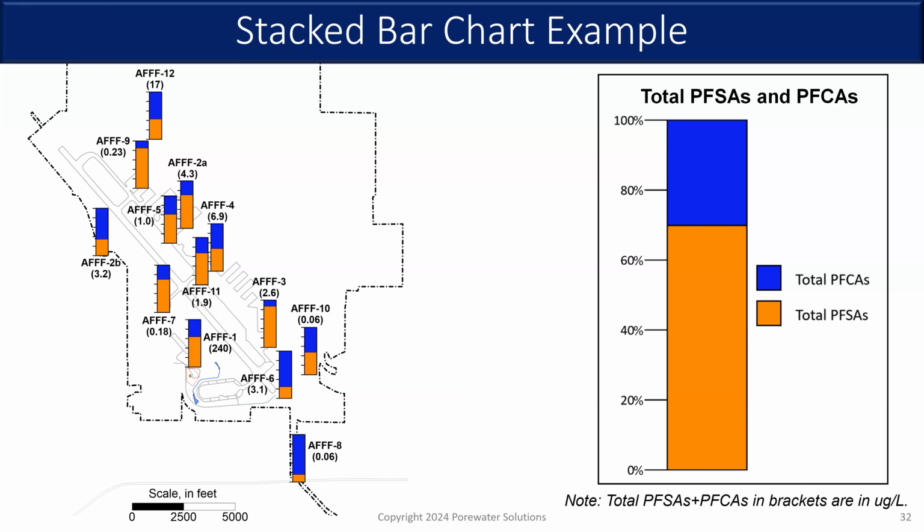So AFFF-12 has a total of 17 micrograms per liter. The current fire training area, AFFF-1, has 240. So that's one way that I get magnitudes onto a stacked bar map. So we're not just looking at proportions. Adding the total concentrations adds a magnitude dimension to it, which is helpful.